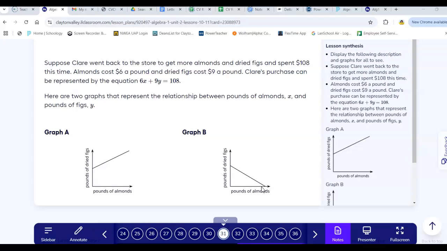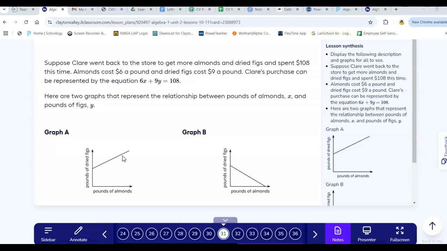Which one could be correct? And if you look at this one, this one doesn't make sense, because what this says is the more almonds she buys, the more figs she can buy. And that doesn't make sense.